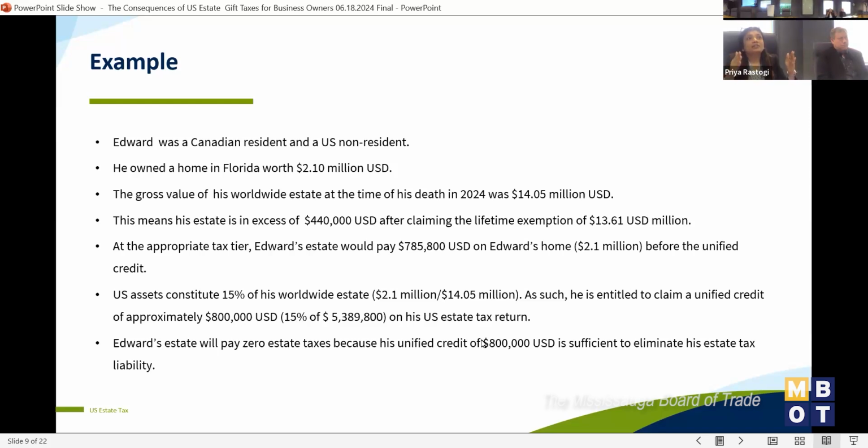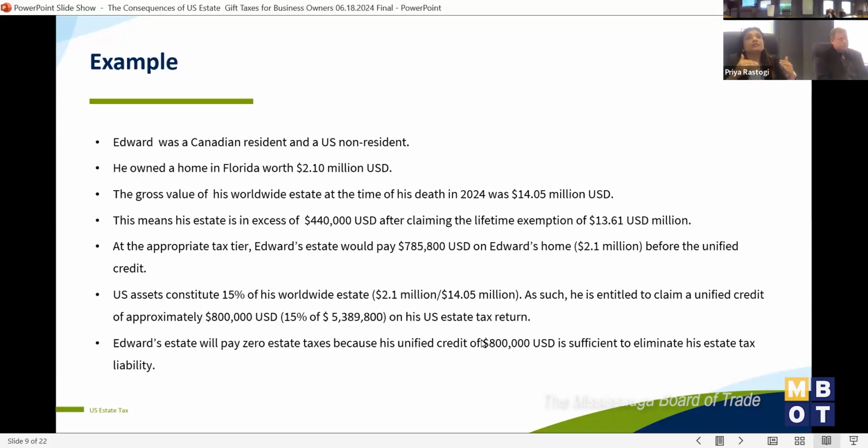US assets constitute about 15% of Edward's worldwide estate. As such, he's entitled to claim 15% of the unified tax credit on his estate tax return, which is 15% of roughly $5.3 million, coming out to $800,000 USD.